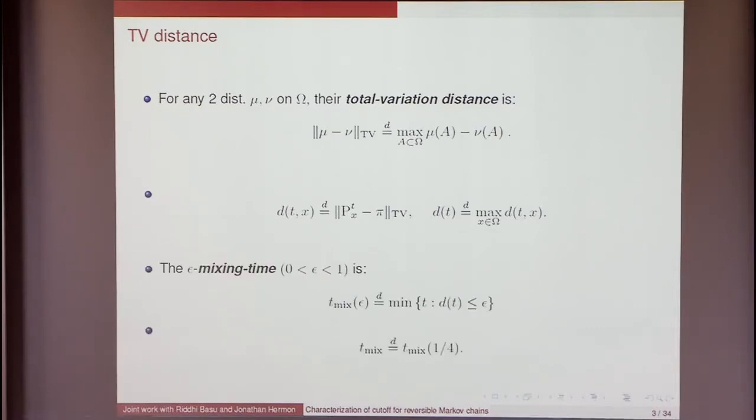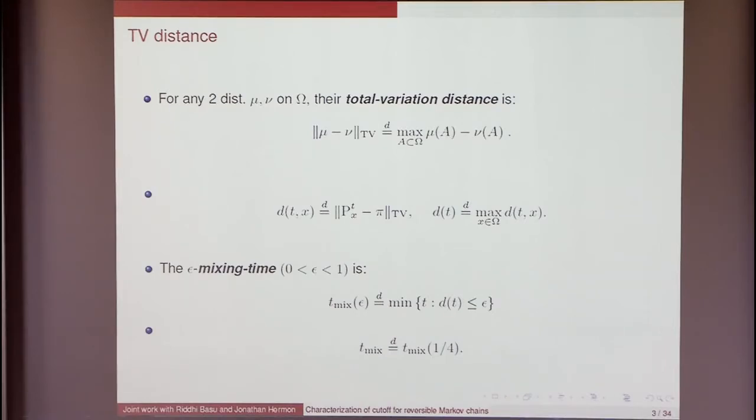so the epsilon mixing time is the time when this is below epsilon, and this d of t is a monotone decreasing quantity, weakly decreasing. So after that time, you really are less than epsilon. Now, the distance to stationarity has a submultiplicative property, which means once it's strictly below a half, it continues to go down.